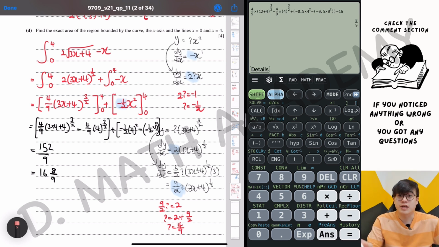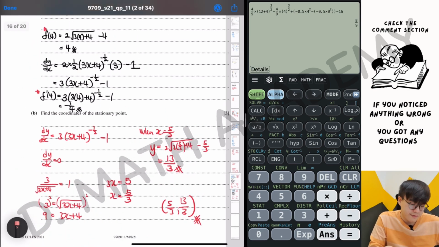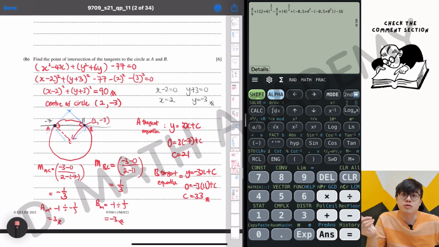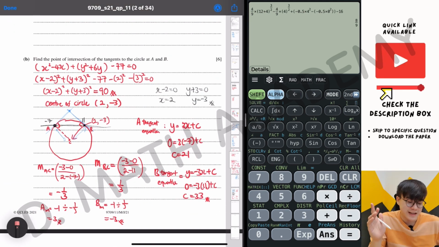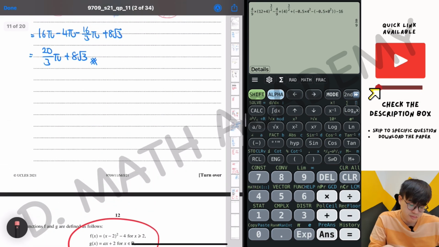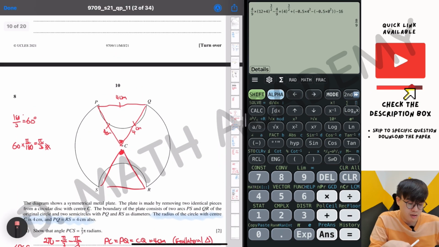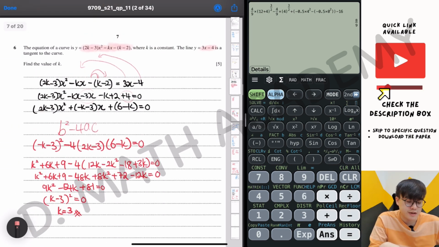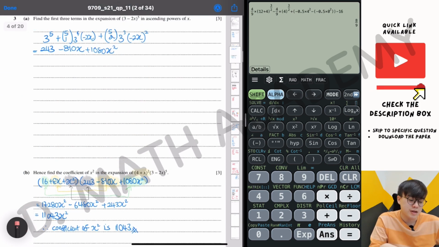Overall, this paper is actually considered quite easy because the main assessment here is all the concepts that you learned back then in advanced, except for this circle part, which I find slightly troublesome because you need to identify the center of the circle first for the method that I always use. And the rest is pretty much identical to what you have learned back then.